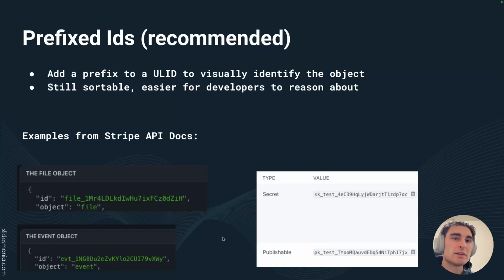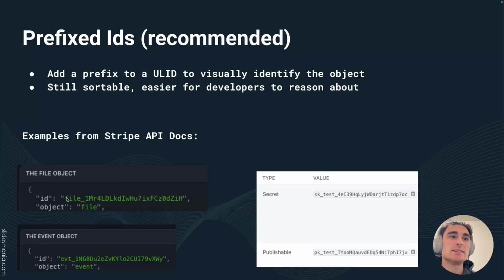The final thing that we can do to make IDs just easier to work with overall and get that final developer sanity checkbox is to prefix our IDs with the thing that they're actually representing. These are examples from the Stripe API docs. Stripe is a payment processing company.